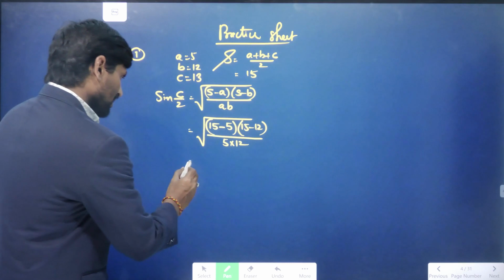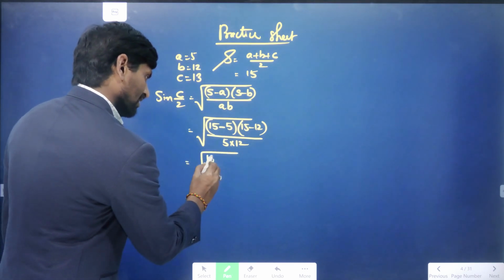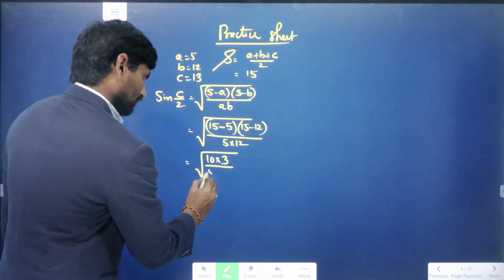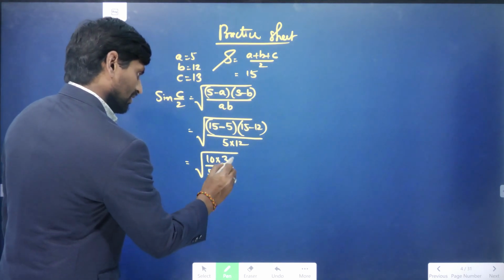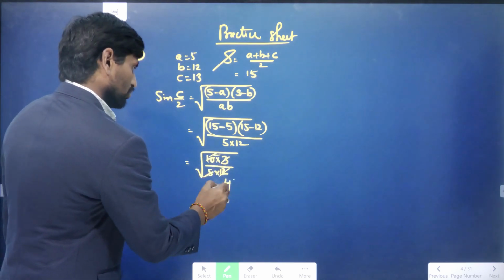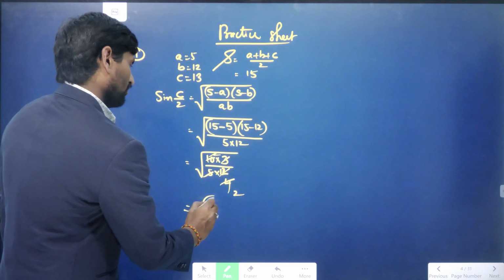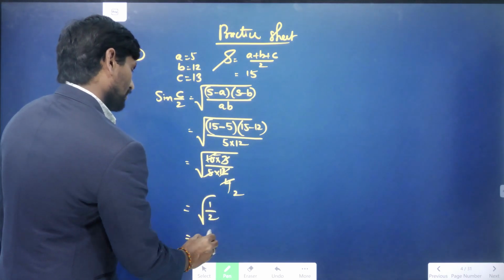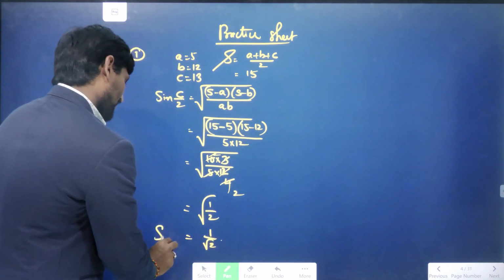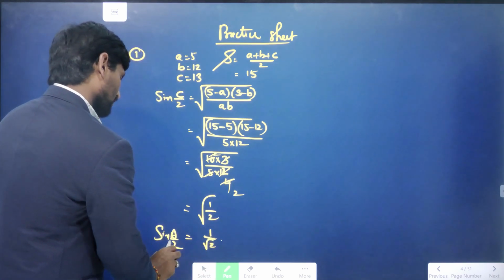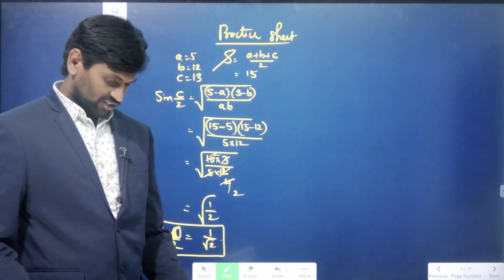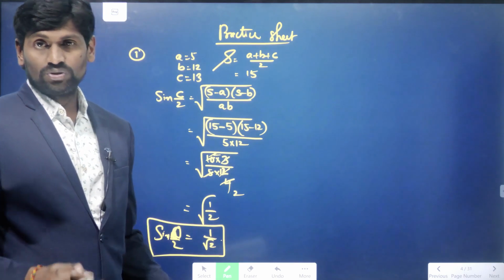Simplify this: 15 minus 5 is 10, into 15 minus 12 is 3, by 5 into 12. So 3 table 12 is 4 times, here 2 times, 2 table, here 2 times. So root over 1 by 2. Apply the root separately: root over 1 means 1 only. So it is nothing but 1 by root 2. So sin C by 2 value is 1 by root 2 according to these options. Let us go to the next problem.